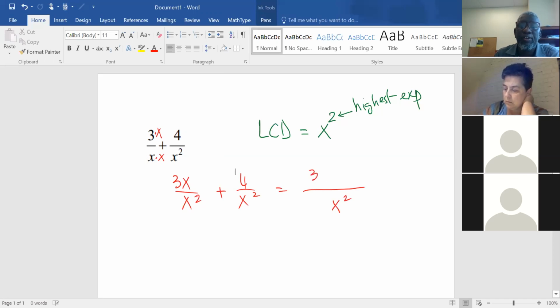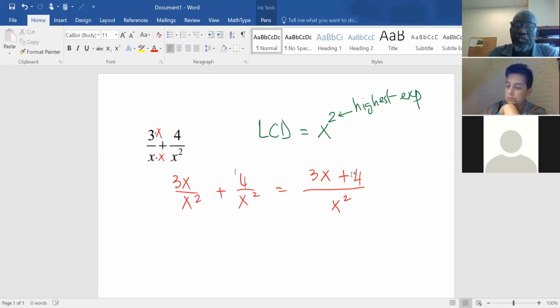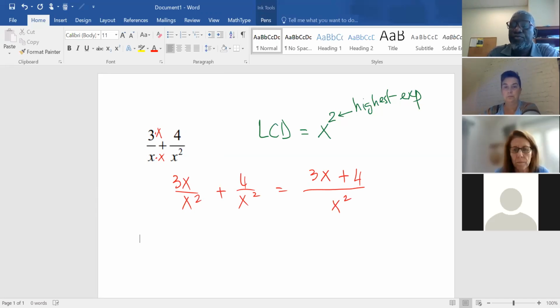Now that we have the same denominator, we just go ahead and add up the numerators, and that is it. I'm done adding these two.